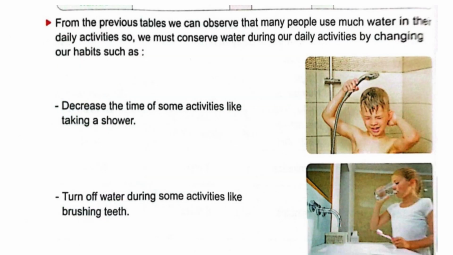How? We can decrease the time of some activities like taking a shower. We can take a shower in 5 or 6 minutes instead of 10 minutes, if it is not necessary. And we can turn off the water while we are brushing our teeth, so we can conserve water.